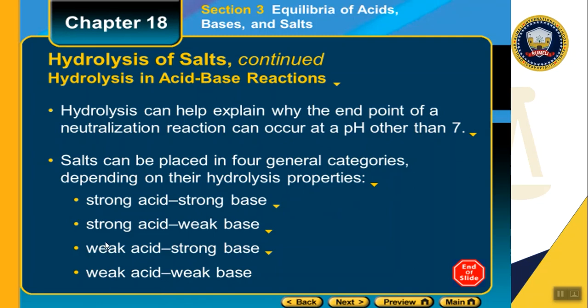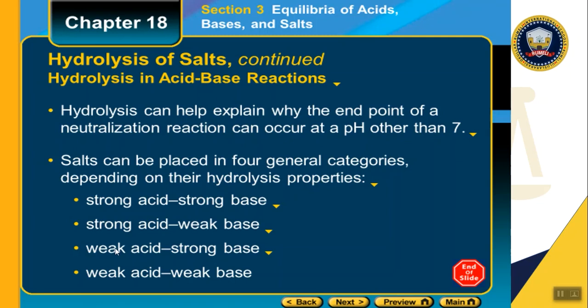Okay, in between this we have two other cases. The reaction between strong acid and weak base, so the salts which will result, what will happen like last slide, the salt will hydrolyze and shift the pH to the acidic solution because you have strong acid.